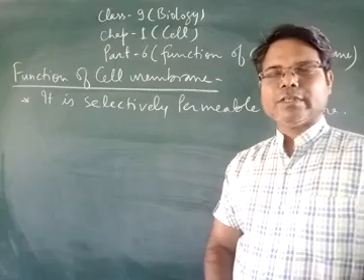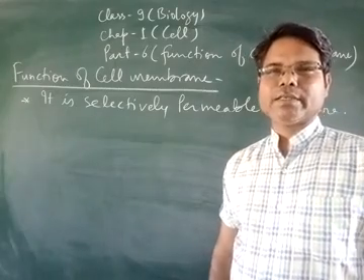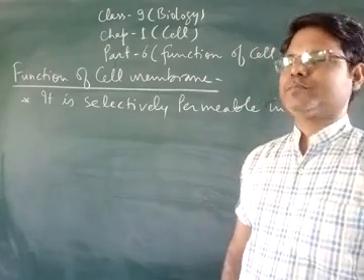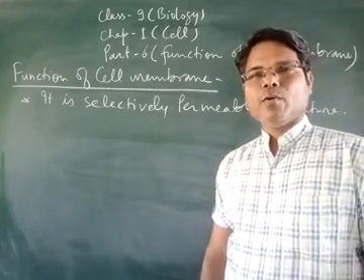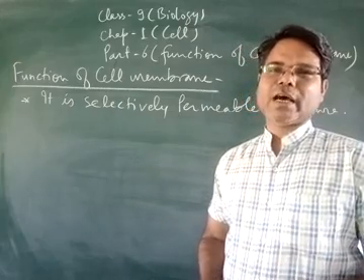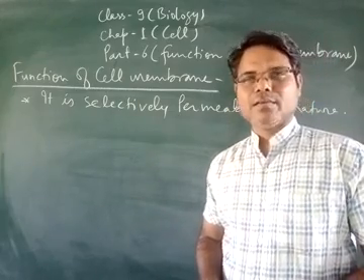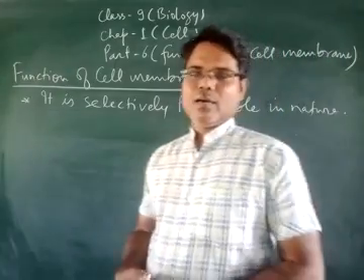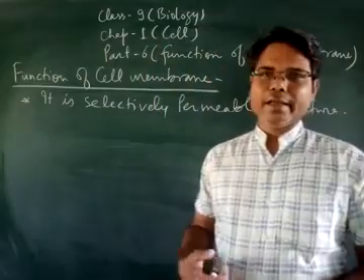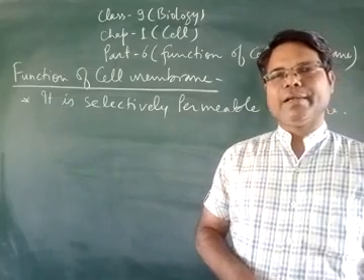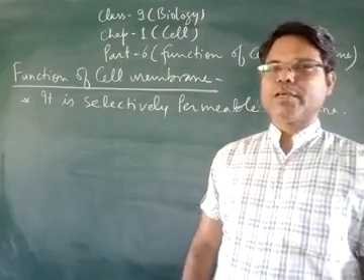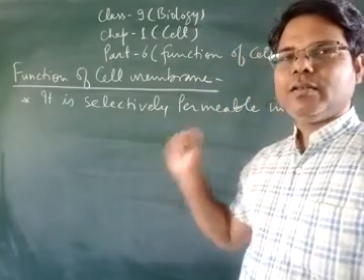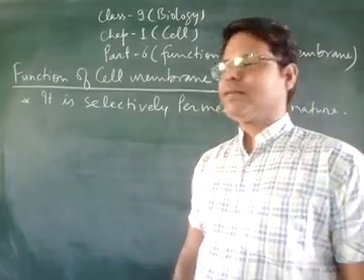Those nutrients which are not required inside the cell cannot enter through the cell membrane. Only those materials which are required inside the cell enter through the cell membrane. So this type of function is called the selectively permeable nature of the cell membrane.